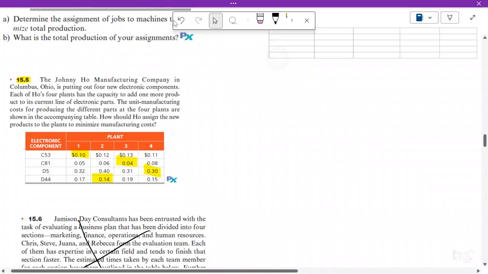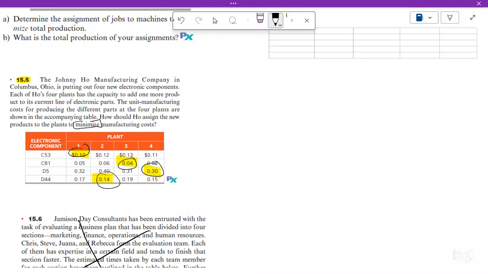Under 15.4, basically what they've done, they wanted us to do the minimizing cost. They want to get the total cost. Because it's minimizing, we look for the smallest on every row, which we have here: 0.1, 0.04, 0.3, then you sum them up.